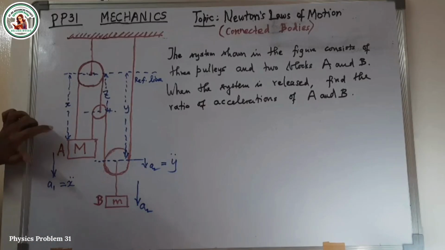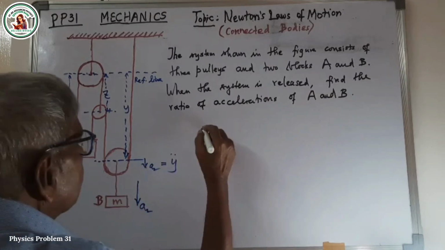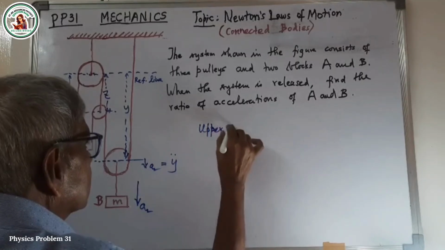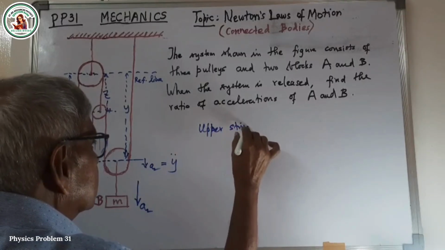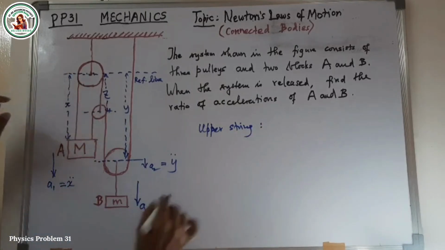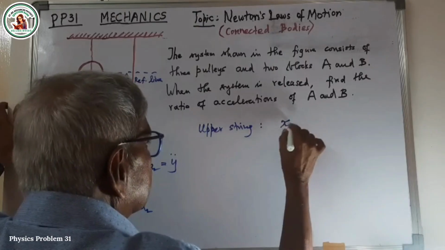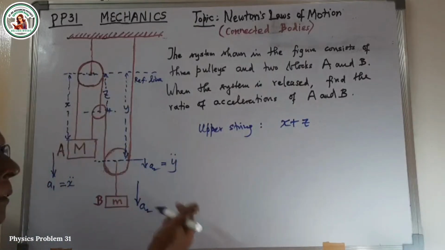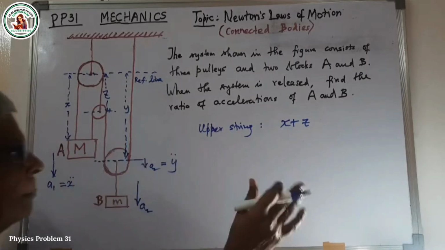The length of the upper string is equal to x plus z. Both are variable, and when the system moves, both will change, but x plus z should remain constant.